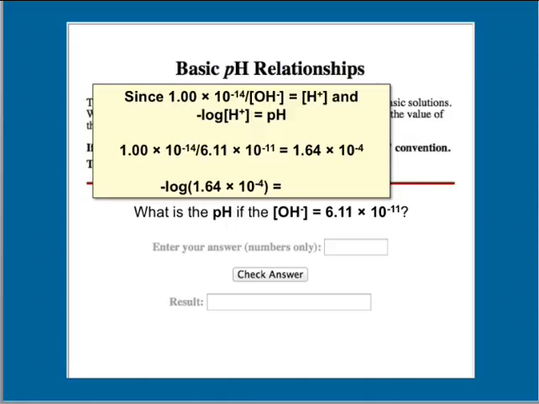Anyone have an answer yet? The log of 1.64 times 10 to the minus 4. Like 3.79.